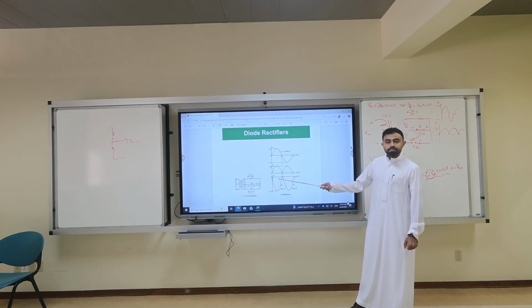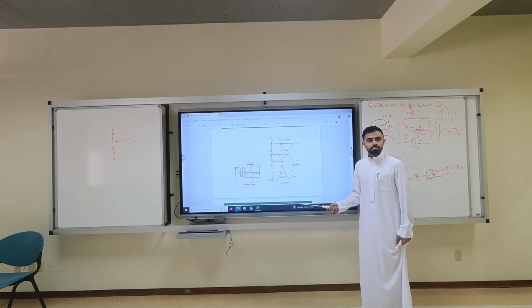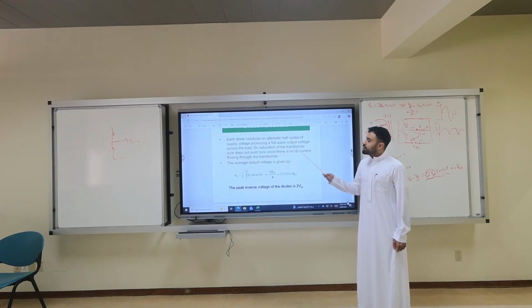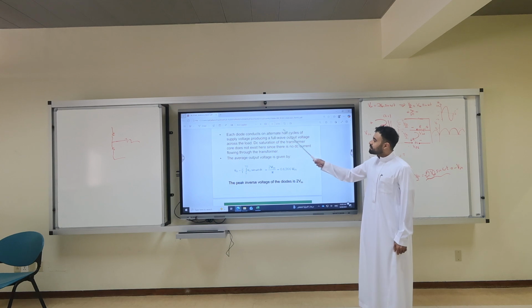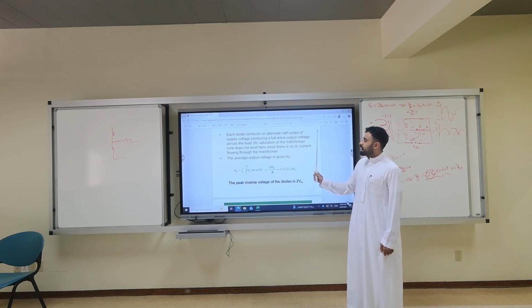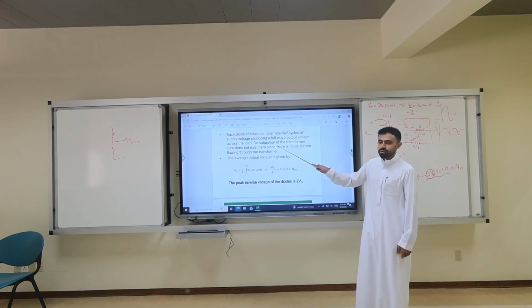Is this clear? Yes. If I ask a question in the exam, can you do the calculation? Yes. You have to know it yourself. We don't have time. So each diode conducts an alternate half cycle of the supply voltage, producing full wave output. DC saturation of the transformer core does not exist since there is no DC in the transformer.